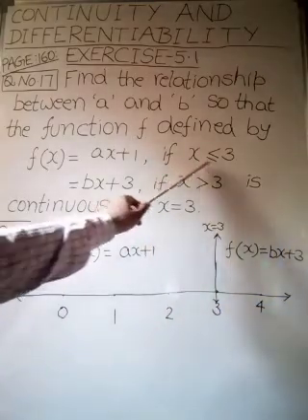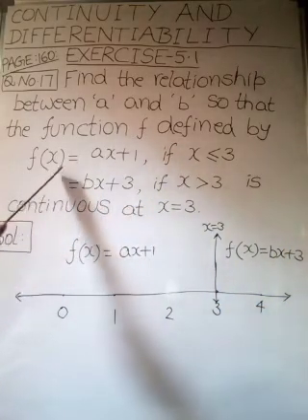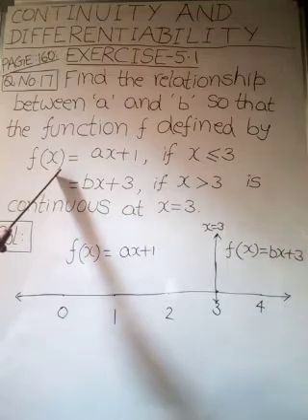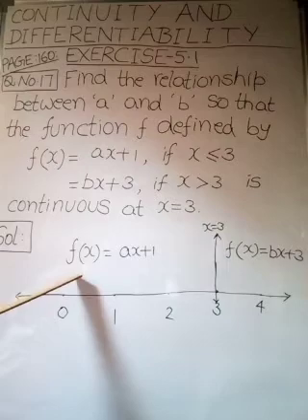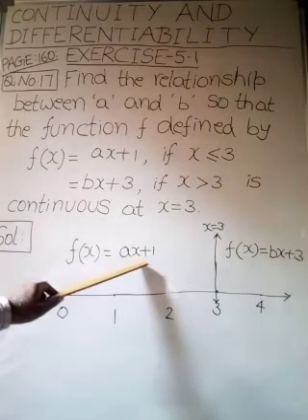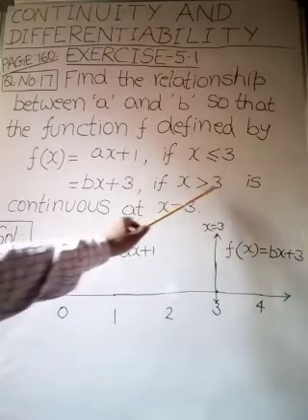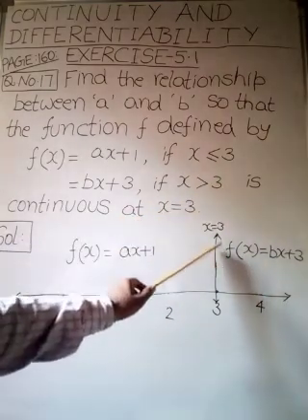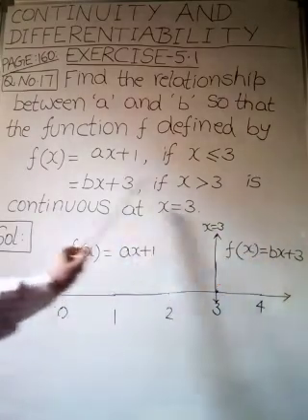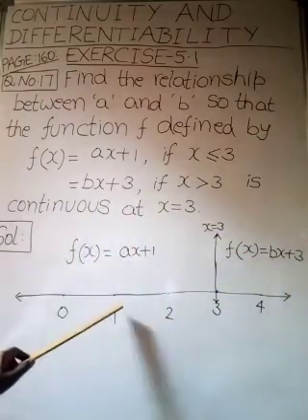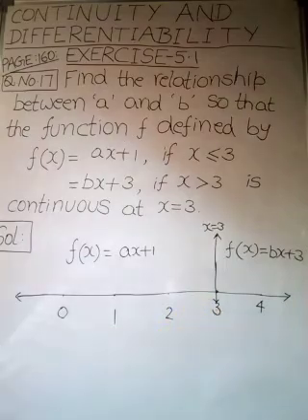If x is less than or equal to 3, f of x is equal to ax plus 1, so on the left side of x is equal to 3, I wrote f of x is equal to ax plus 1. And if x is greater than 3, on the right side of this line, I wrote f of x is equal to bx plus 3. Is this picture clear, my dear children?